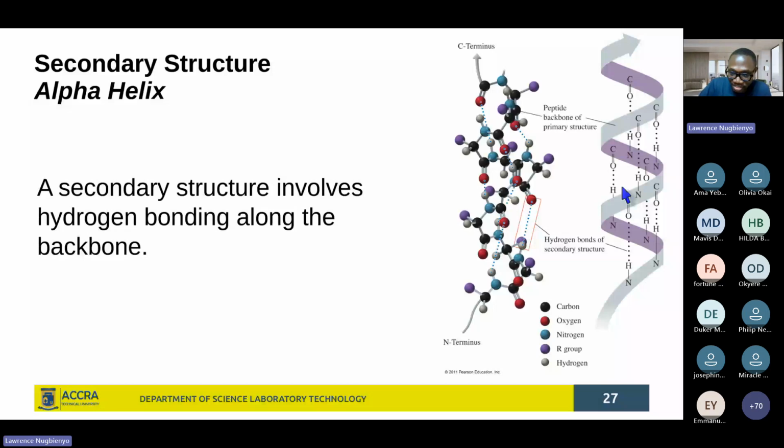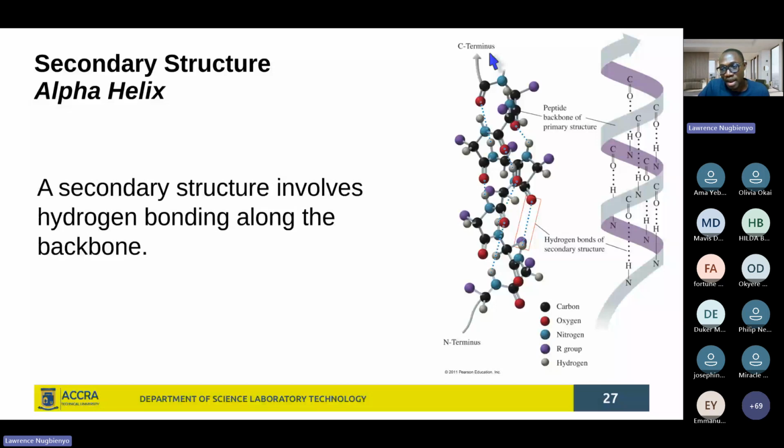So here you see what we were talking about earlier, the N-terminus. And at the top, you see the C-terminus. So if you didn't know what this meant, from today, when you see it, you know what it means. N-terminus, C-terminus.